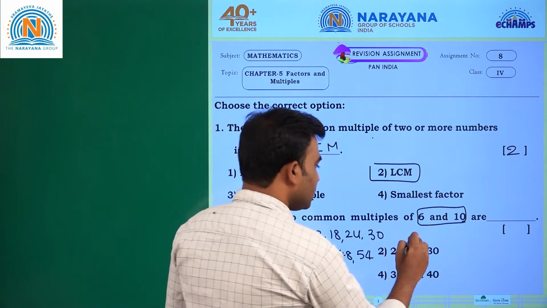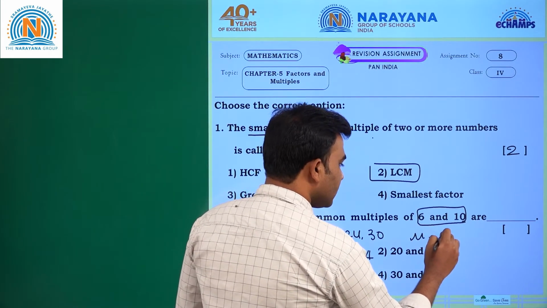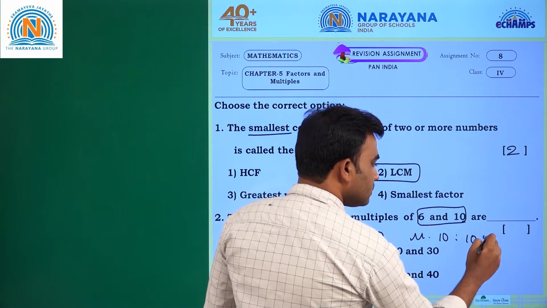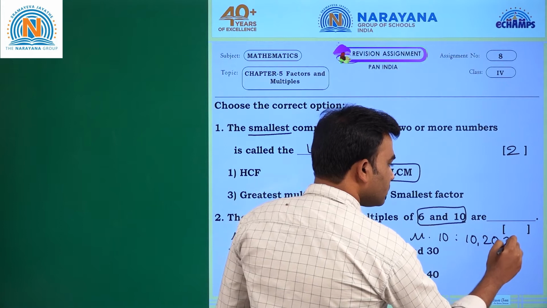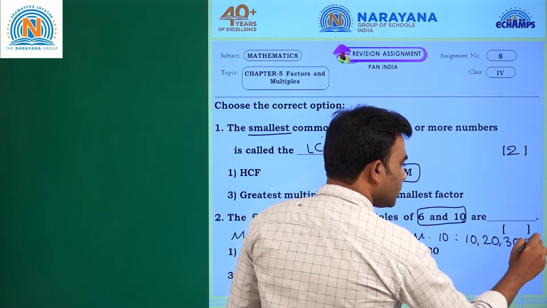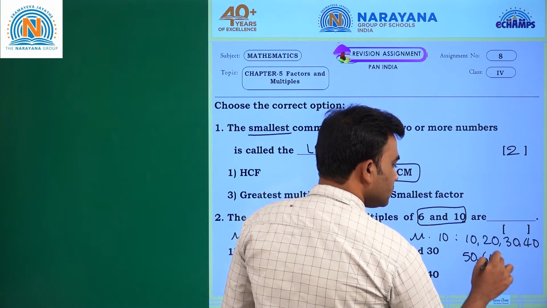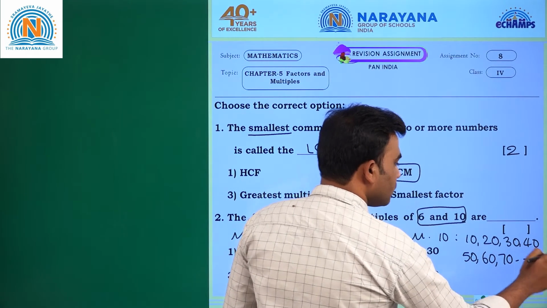At the same time, what are the multiples of 10? The multiples of 10 are 10, 20, 30, 40, 50, 60, 70 and so on.